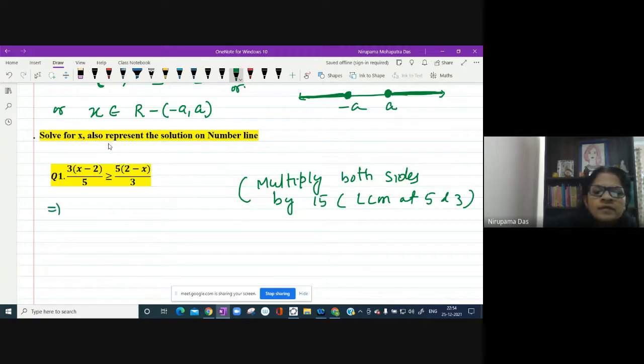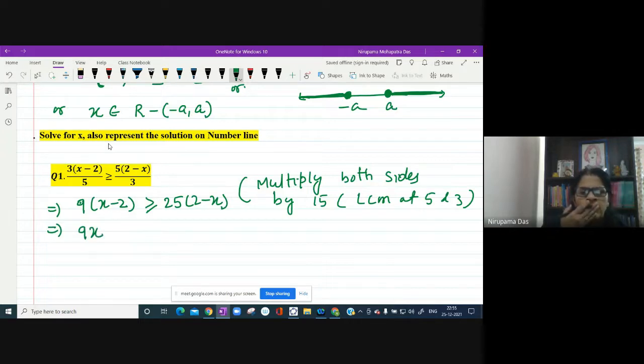Multiplying by 15, you get 3 into 3, 9 into (x minus 2), greater than or equal to, and we are multiplying by 15 here, so 15 divided by 3 is 5, 5 into 5 is 25 into (2 minus x). I hope it's clear. So this implies 9x minus 18 is greater than or equal to 50 minus 25x.